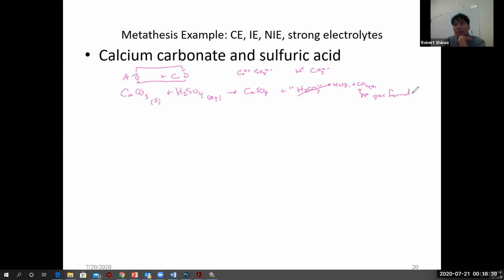Now, normally sulfates are soluble except for silver, lead, mercury, calcium, strontium, barium. And so calcium sulfate is actually insoluble, so this is a precipitate. Normally a precipitate is a driving force, but this precipitate's tricky because we're giving up one precipitate for another. Do you see that? There's one solid for another.